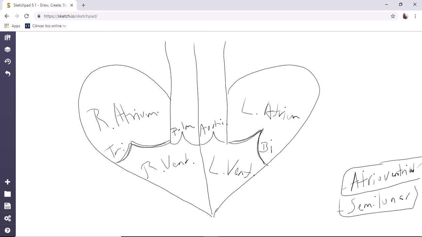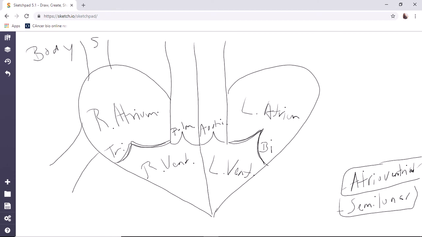Okay, now we have to look at how blood enters the heart. If you're coming from the body, that's where basically all your cells have used up the oxygen that they've been delivered, and so you have to return that deoxygenated blood back into the heart.